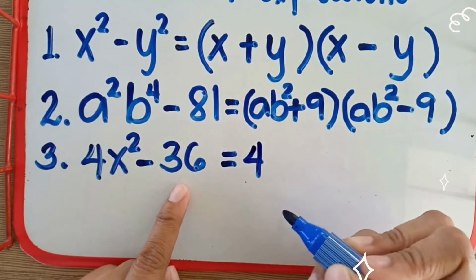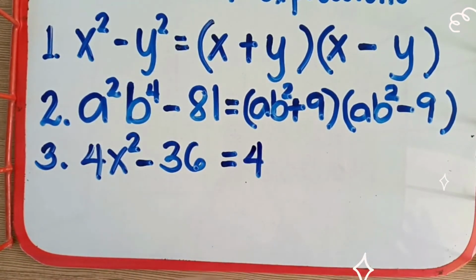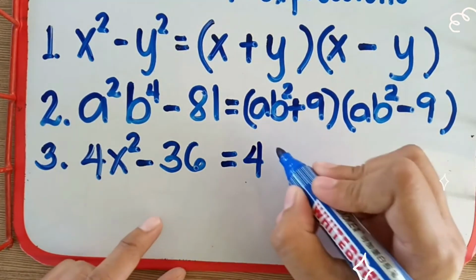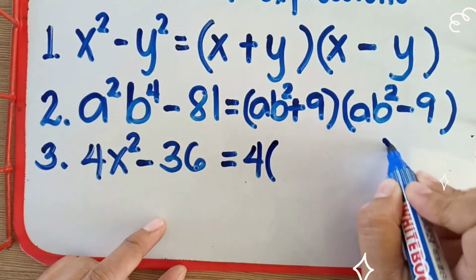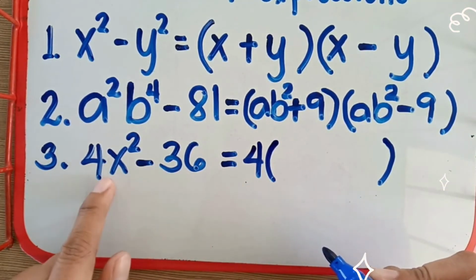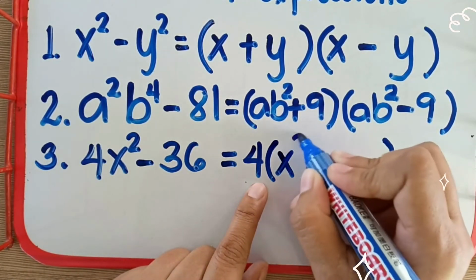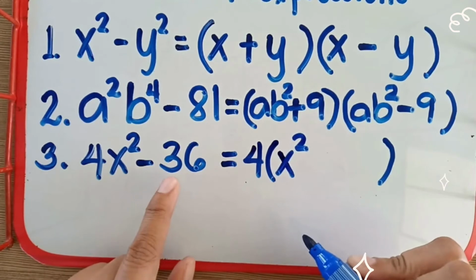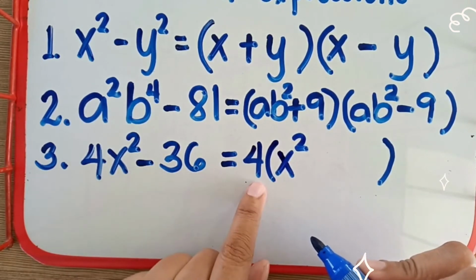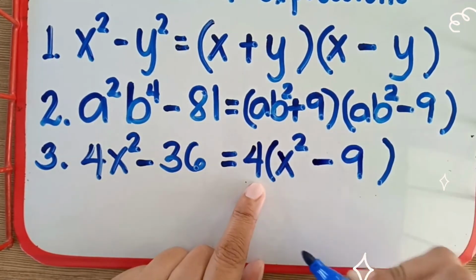Remember, in factoring, you have to factor out first the greatest common monomial factor. Then to get the second factor, we divide each term by 4. 4x squared divided by 4 is x squared, and negative 36 divided by 4 is negative 9.